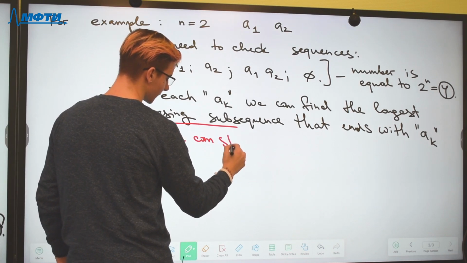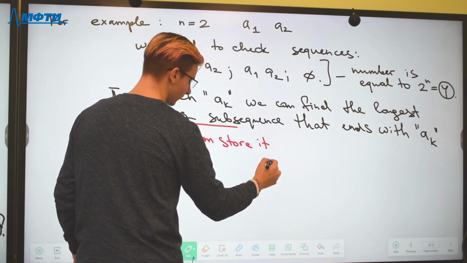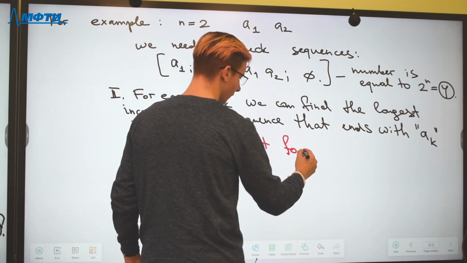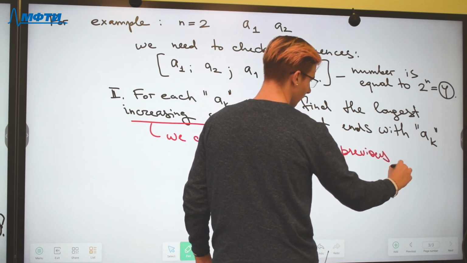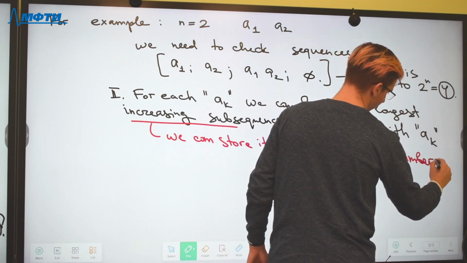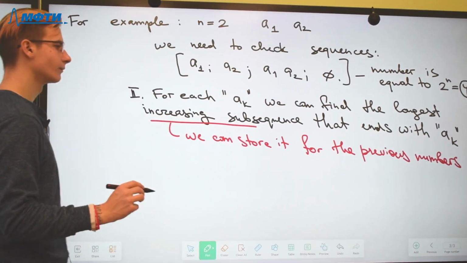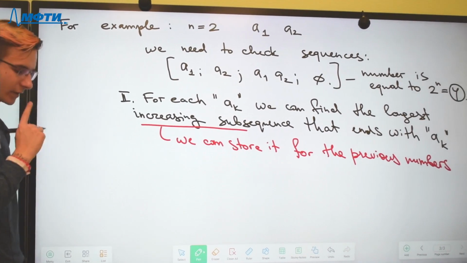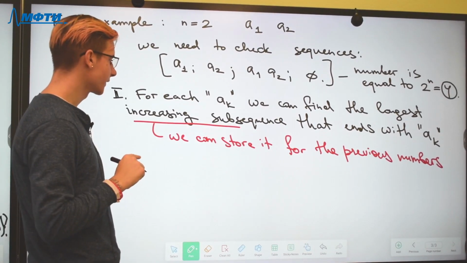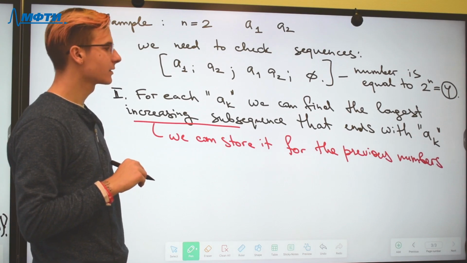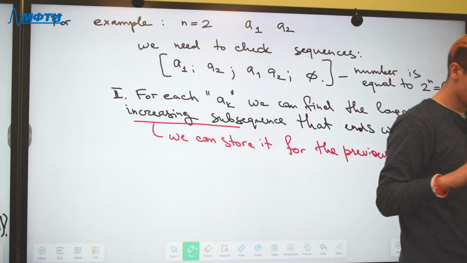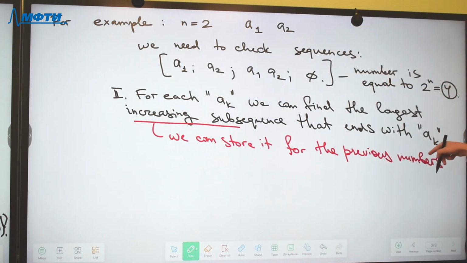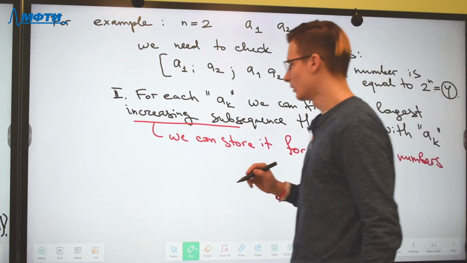We can store it for the previous numbers. So if we know what is the length of the longest increasing subsequence that ends in a k minus 1, a k minus 2, a k minus 3, etc., a1.